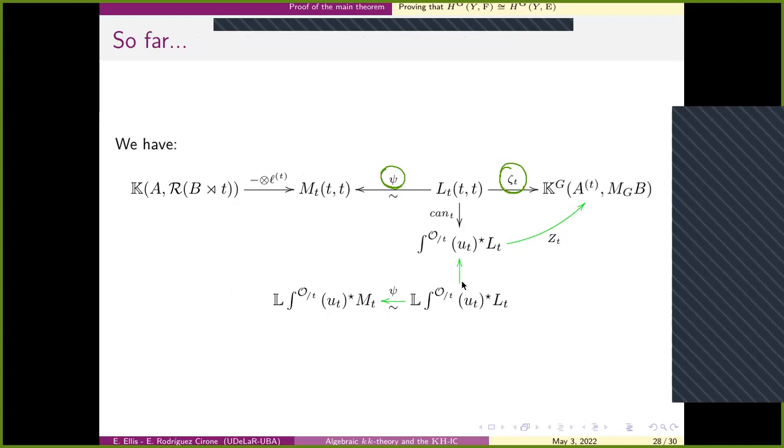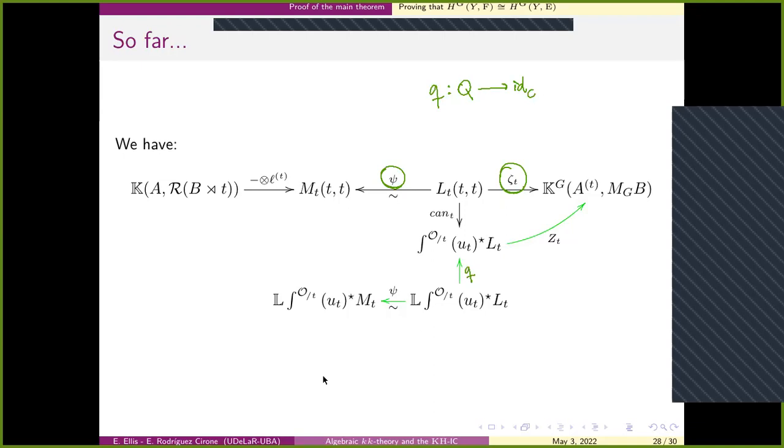Here, this arrow going up is the natural morphism from the homotopy coend to the coend, which is the morphism induced by Q: when you take a cofibrant replacement, a cofibrant replacement functor Q comes with a natural transformation from Q to the identity of your model category.